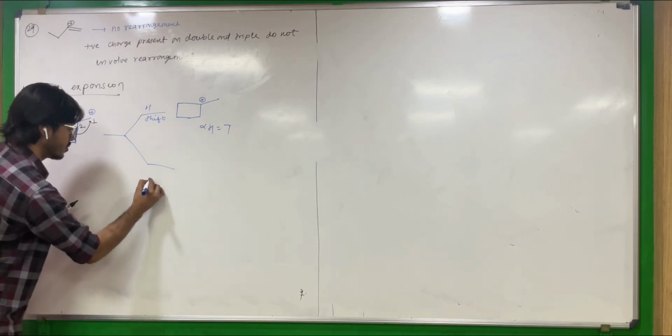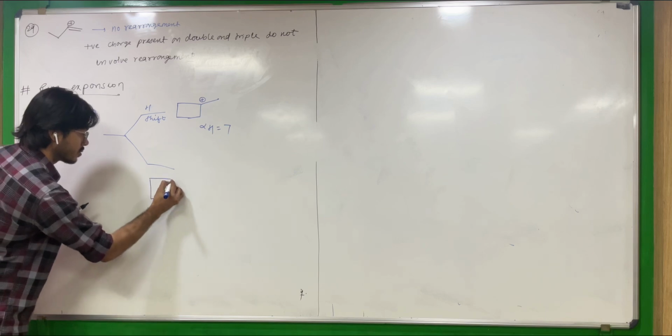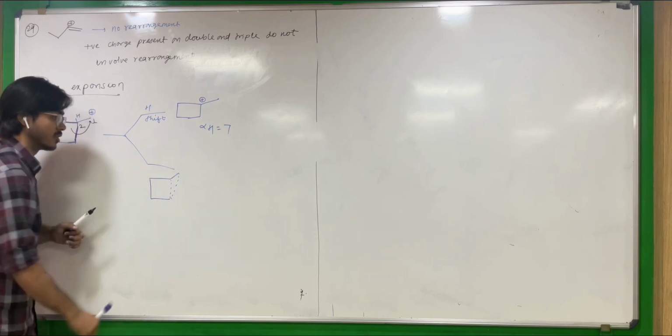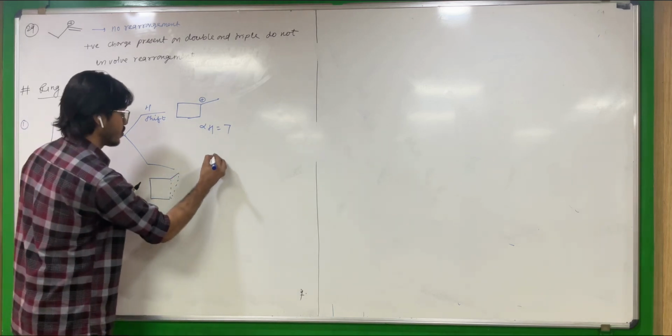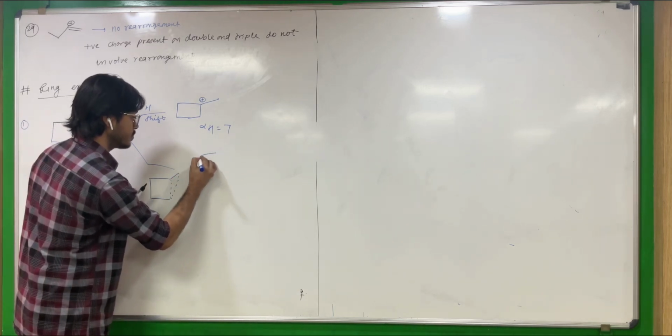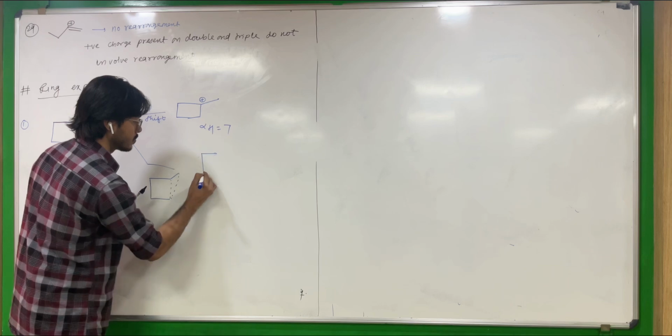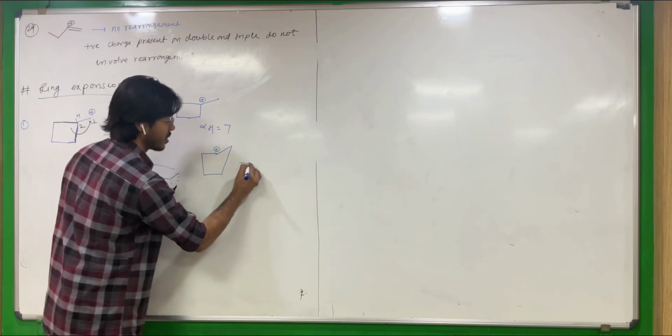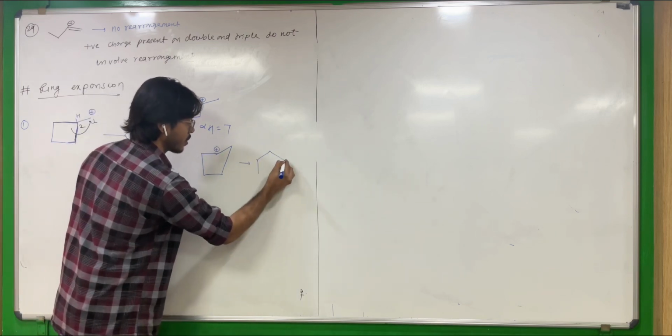So we are shifting this bond. This is the transition state. So the product form will be like this. This is nothing but a 5-membered ring. This is the product.